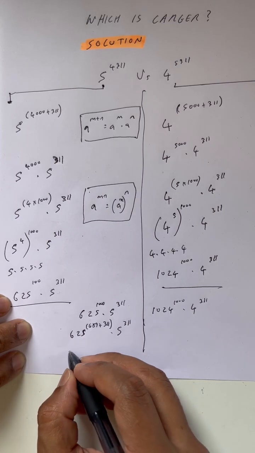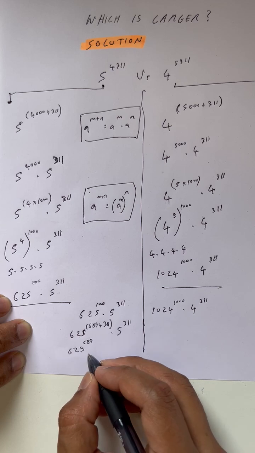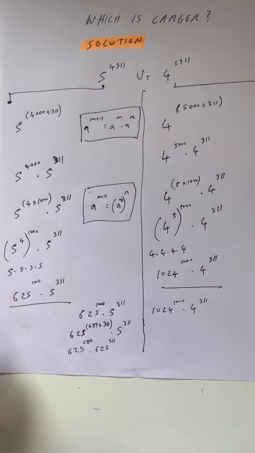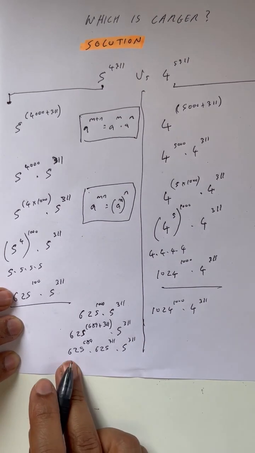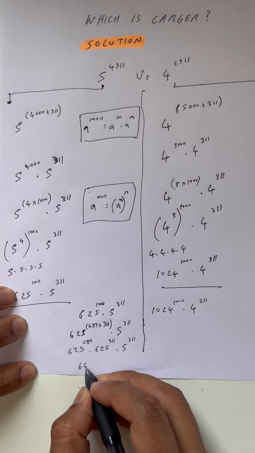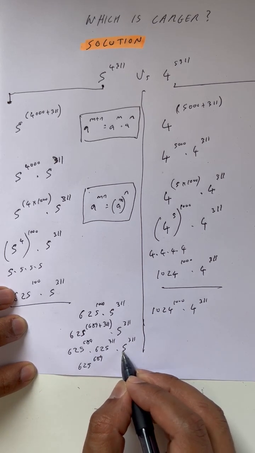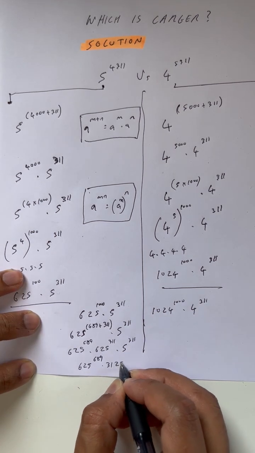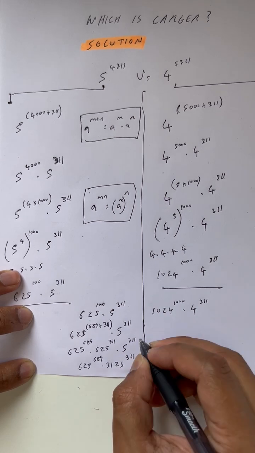We can then re-express this as 625 to the power of 689 times 625 to the power of 311 times 5 to the power of 311. We can re-express this as 625 to the power of 689, and then if we do a multiplication in our head, 5 times 625, we get 3125 to the power of 311.